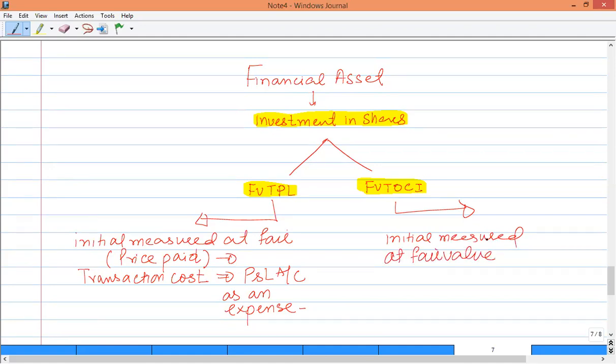The only difference is that the transaction cost is now capitalized rather than charged in the profit and loss account as we did in fair value through profit and loss. So whatever we have paid to acquire those shares, we will add the transaction cost into the acquisition cost, and that becomes the fair value.